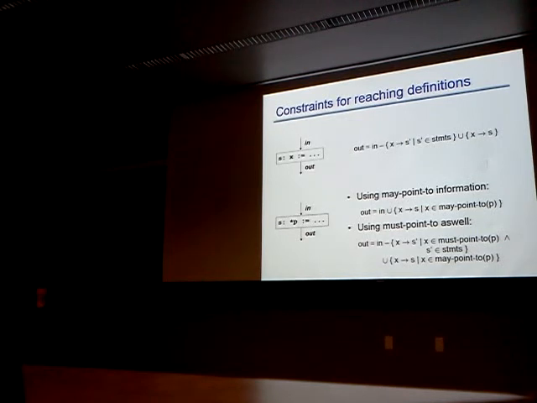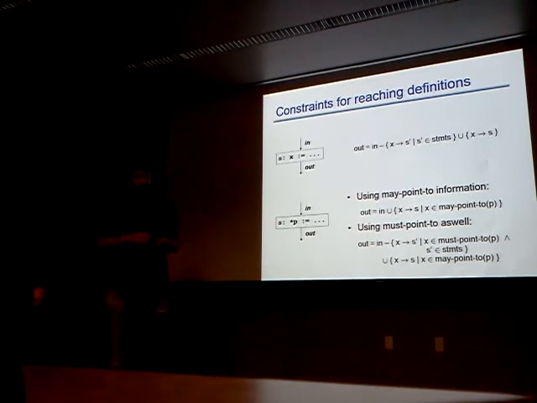Yes? How are arrays handled in this? So arrays are a whole bunch of, when we get to pointer analysis, we will talk about how we deal with memory and memory models. So there's a broader issue of how you reason about this.